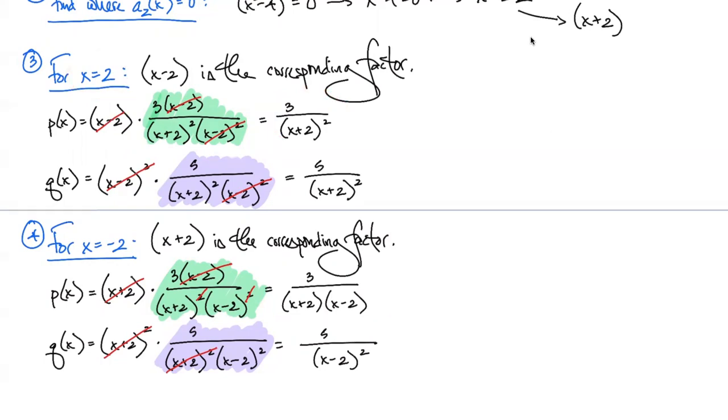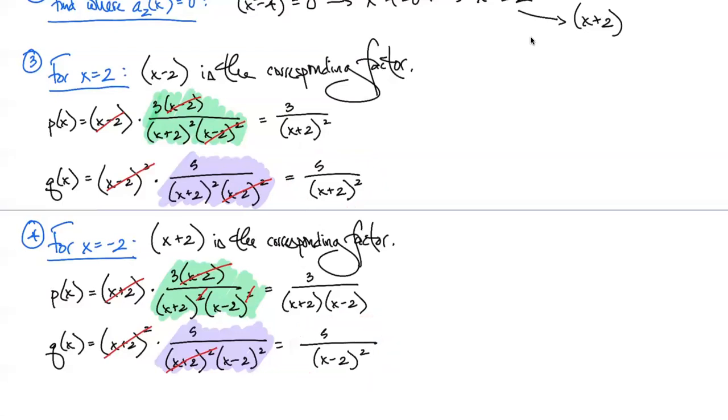What happens if I plug 2 into this one? Well, I'll get 5 over 4 squared. That's defined, right? If I jump down to this last one, 5 over, this time I'm plugging in -2, so 5 over -4 squared, that's still a real number. That's good to go. Okay, it's defined.